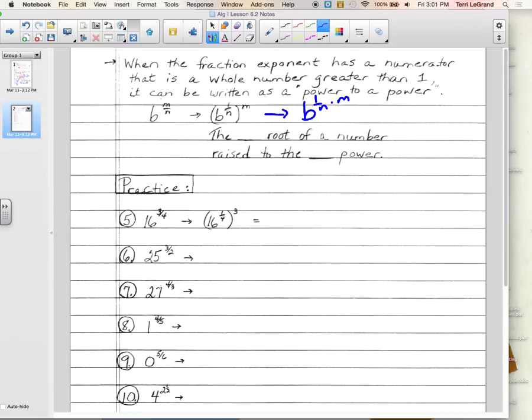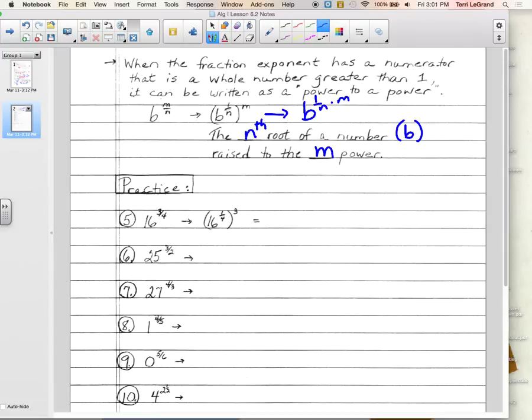Yeah. Okay, so that means we can now take a fraction that does not have a numerator of 1, it has a numerator greater than 1, and we can first rewrite our power as a power to a power. Then we'll be able to say, now we're looking for the nth root of a number, which is b in this case, raised to the m power.